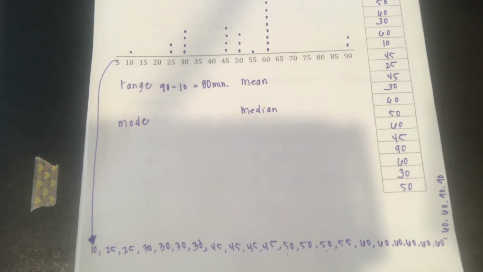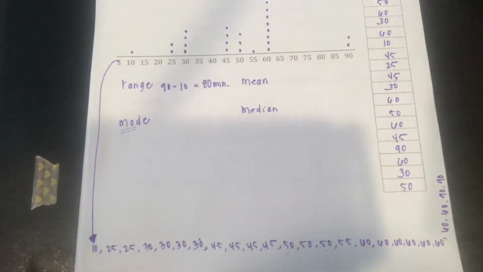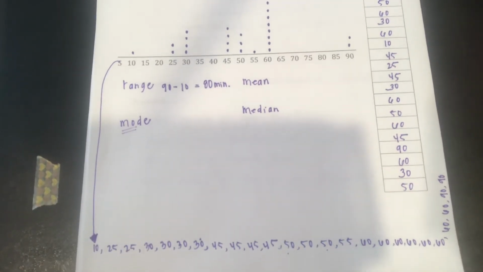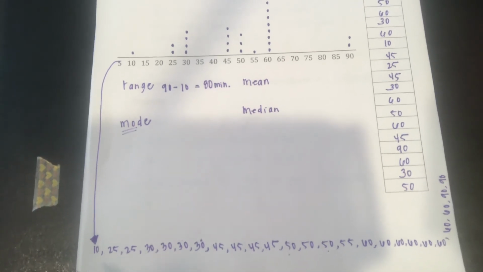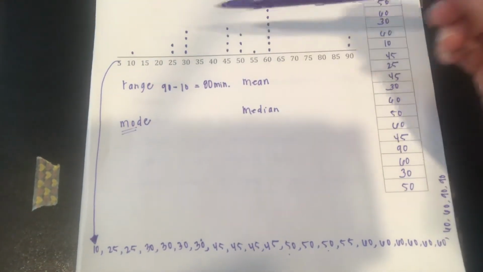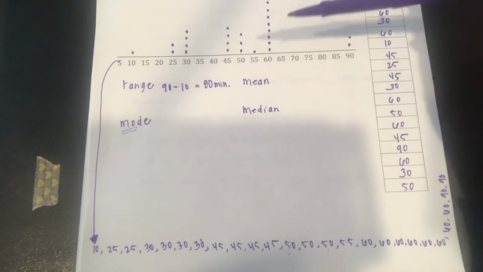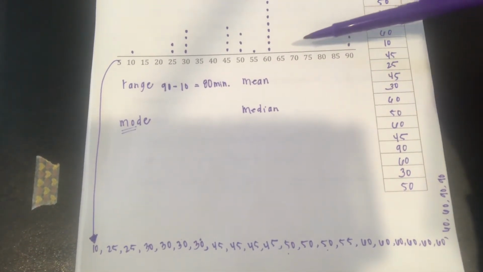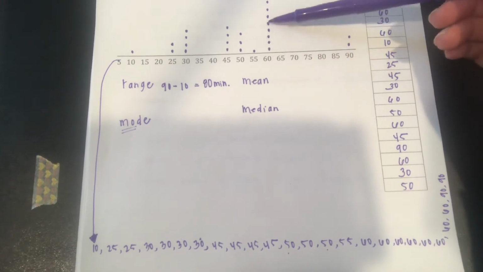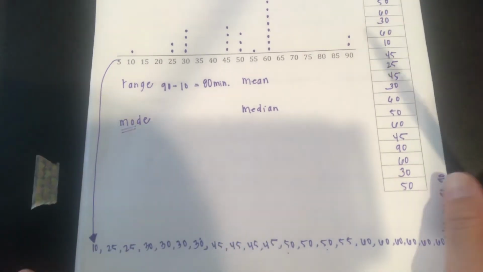Okay, so we know that mode means most often. So looking at my numbers and my graph, which one of these has the number that occurs most often? Well, I've got 1, 2, 3, 4, 5, 6, 7, 8 on 60.